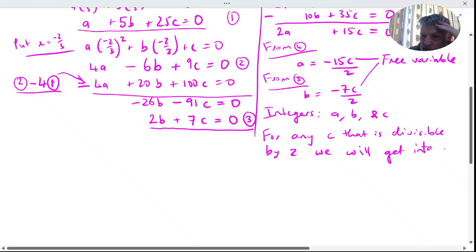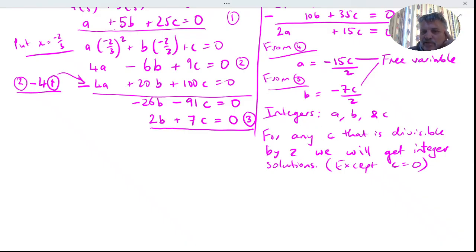Well, probably not technically writing. Integer solutions. Perhaps except c equal to 0. But any other c that's divisible by 2 will give us integer solutions. If it's divisible by 2, then it's an integer, and if it's divisible by 2, it'll cancel out here, and we'll get an integer for a and b.